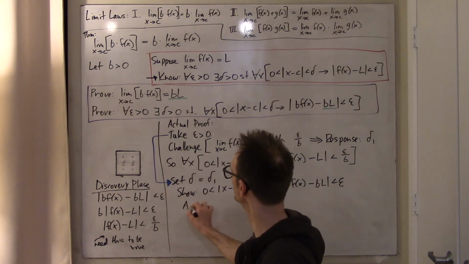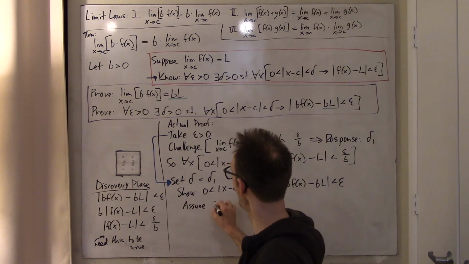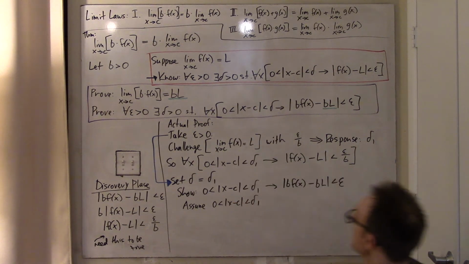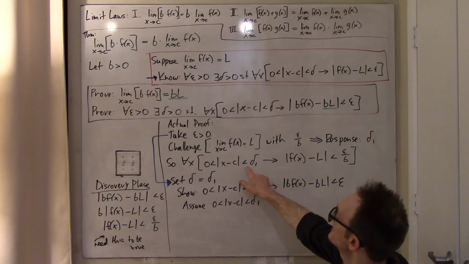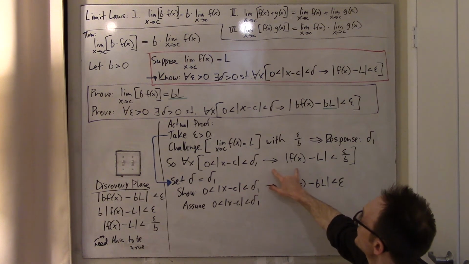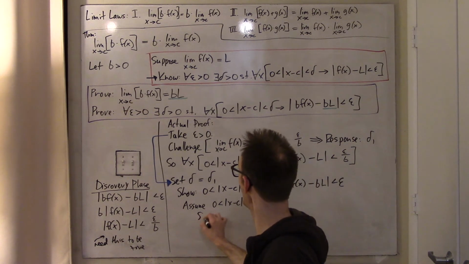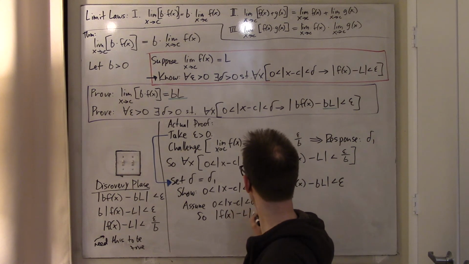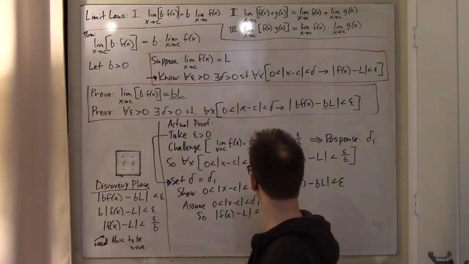Assume that I am within delta 1 of C. Then this conditional tells me that the difference between f and L is less than epsilon over b.